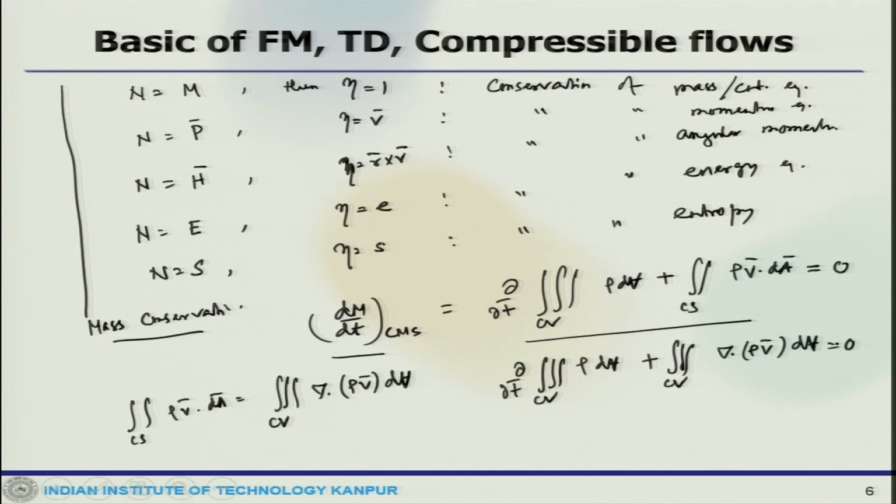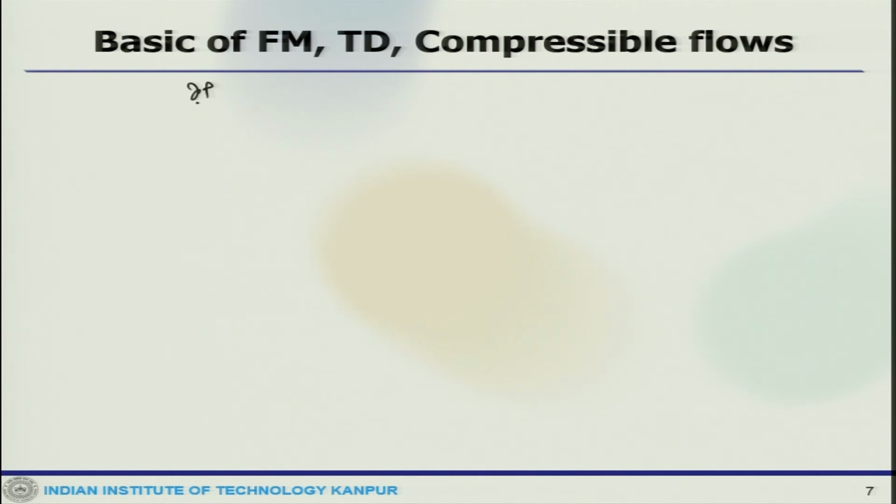So, you can write del by del t of rho plus del dot rho V, dV equals 0. This holds good for any volume and it vanishes these things. So, what we can write is del rho by del t plus del dot rho V equals 0.